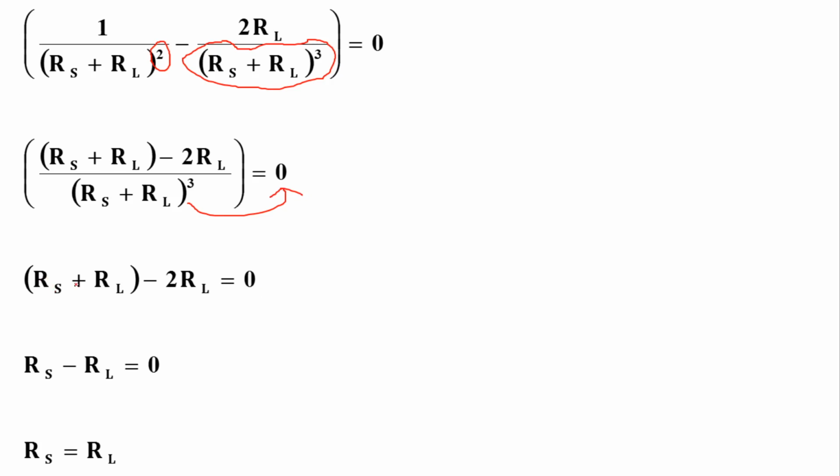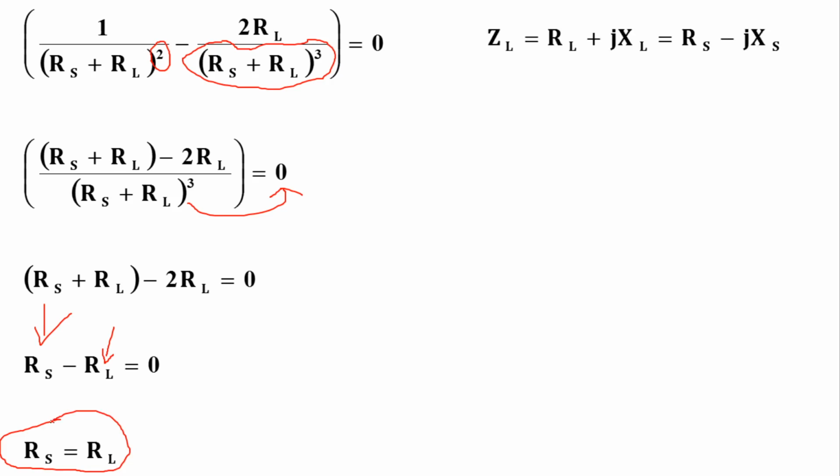Over here the remaining term will be RS plus RL minus 2RL is equal to 0. So RS as it is, RL minus 2RL is equal to minus RL. So the condition for maximum power is RS equal to RL.